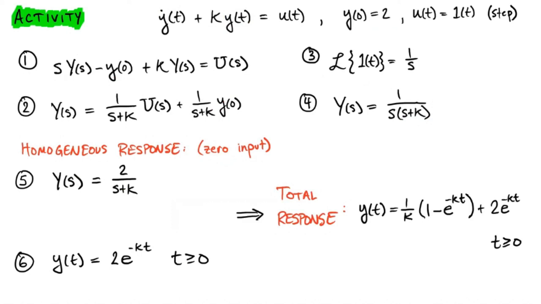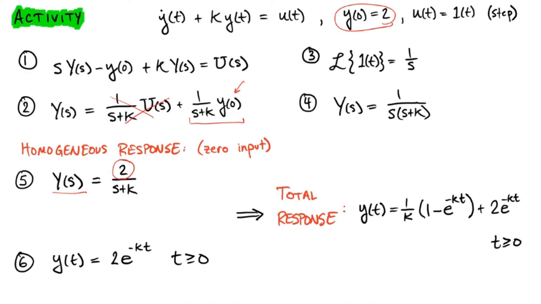In the case where we want to consider no input, the only input is the initial condition. So here we're going to keep this term, and we're going to temporarily forget about this term. That means my Y of s will just be 2, our initial condition, divided by s plus k.